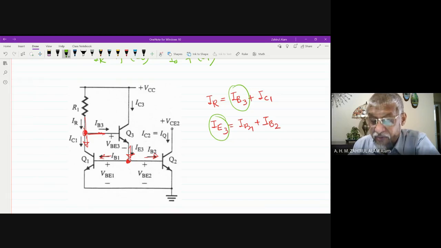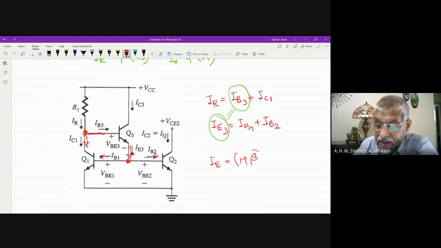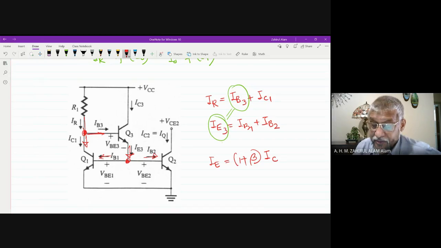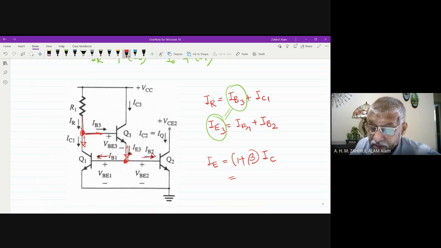We know IE equals 1 plus beta times IC, and 1 plus beta times IC equals beta times IB, because IC is equal to beta times IB.